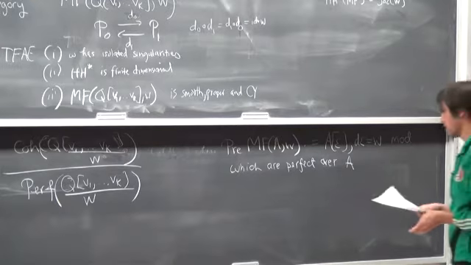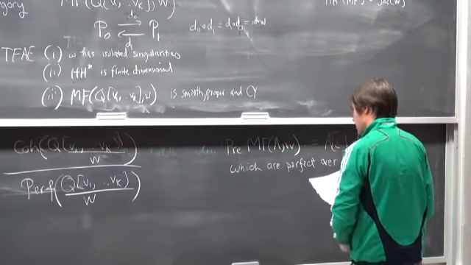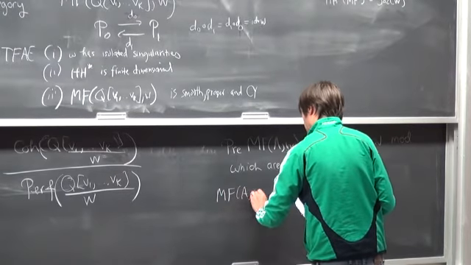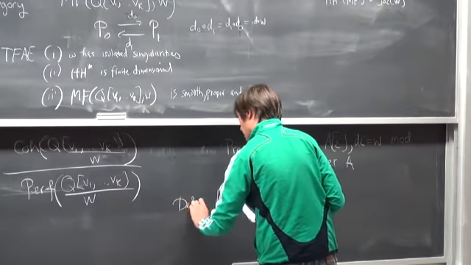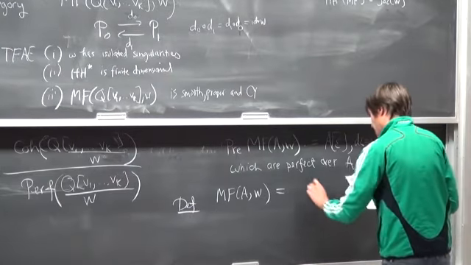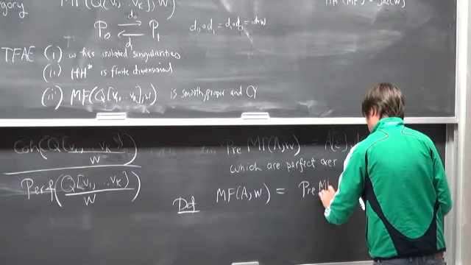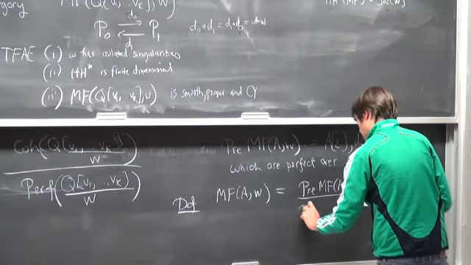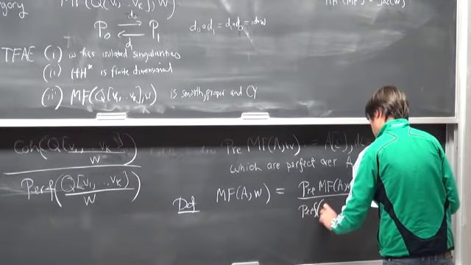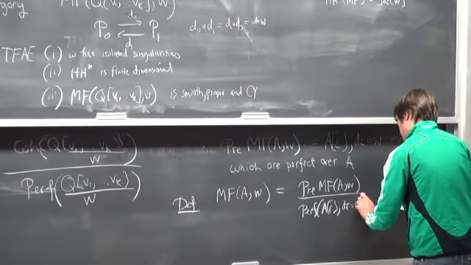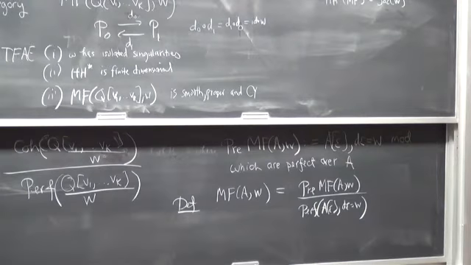Then we want to quotient out by those. So we define MF of A, W, as another definition, to be pre-MF of A, W modulo the perfect ones.